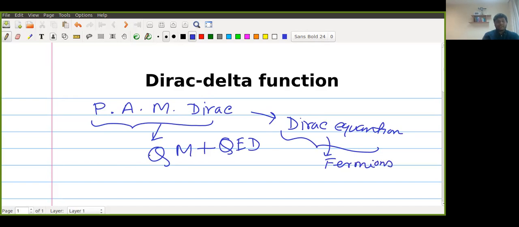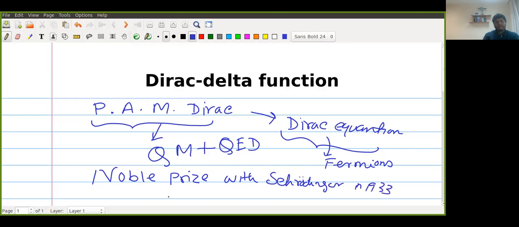He also shared the famous Nobel Prize with Schrödinger, a well-known name to us, in 1933. And he introduced this Dirac delta function for the mathematical formulation of quantum mechanics.